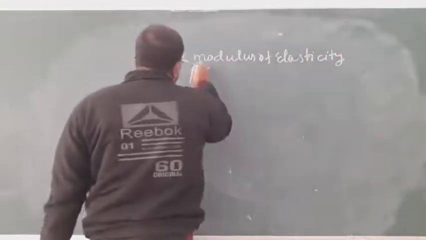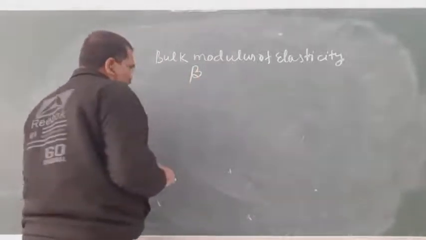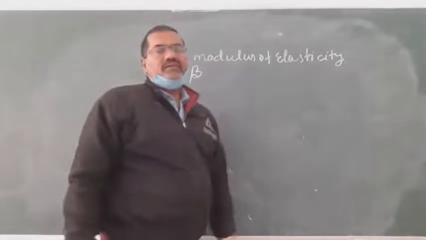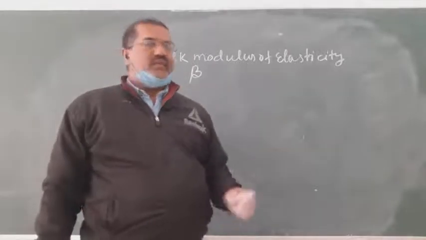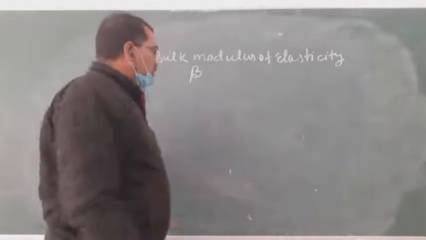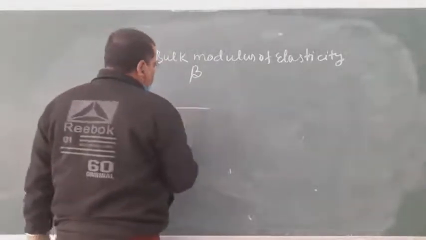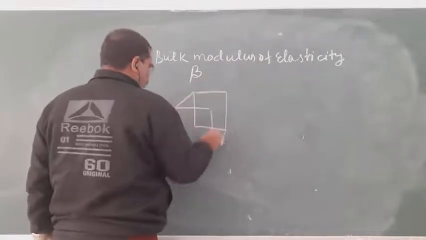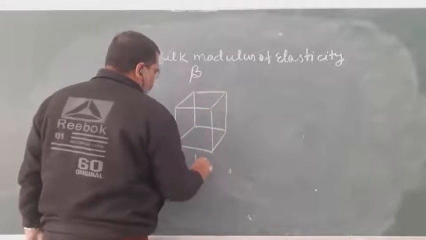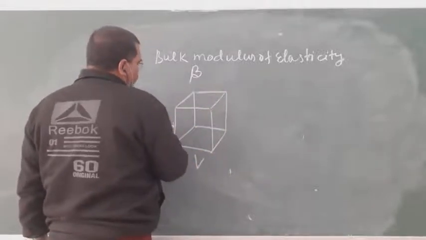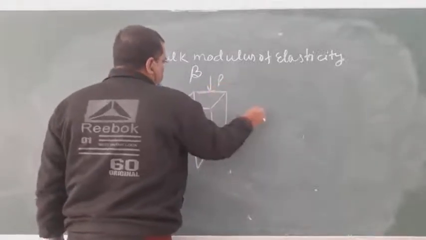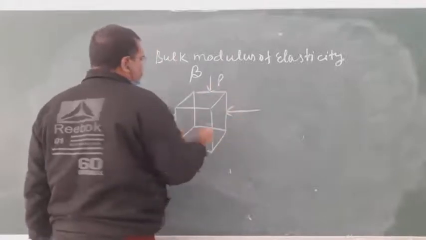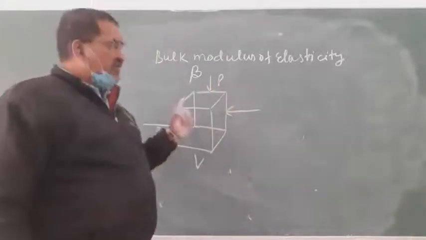It is represented by beta, and it is the coefficient of elasticity which is used in volumetric body. Consider the volumetric body of volume V, and pressure applied on it is P. Pressure is also a normal stress and used in volumetric body.